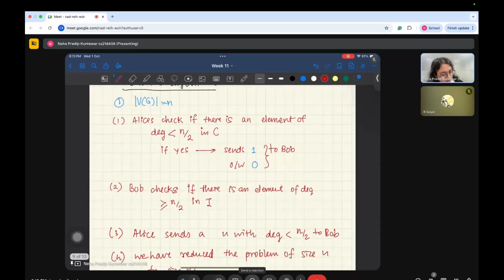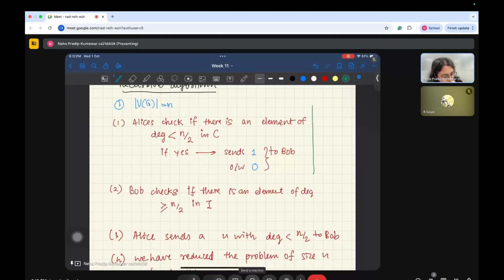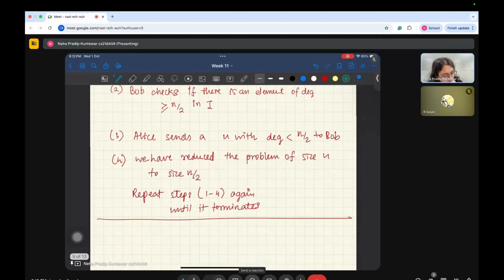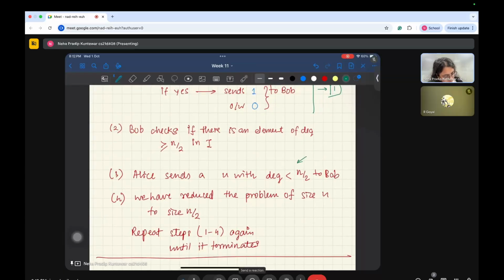So like you said, in this case we ended up spending one bit, and here we spent log n bits.